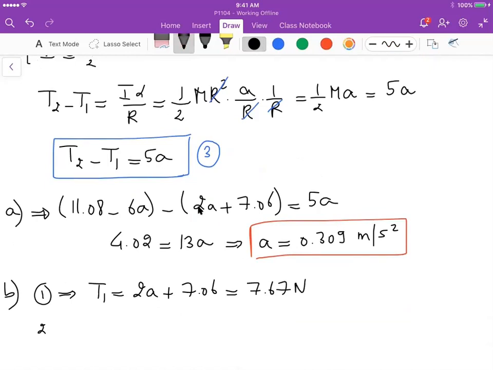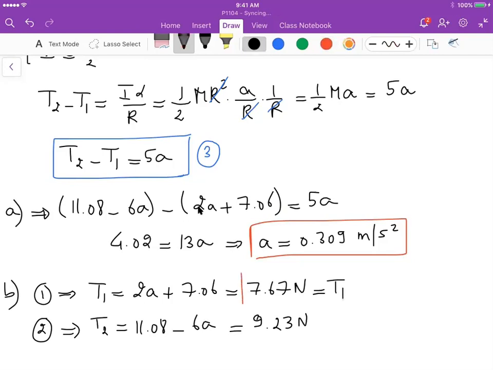And from equation number 2 we can deduce the value of T2. So we end up with T2 equals 11.08 minus 6A, which gives the value 9.23 Newton. And so this is the value of T1, and this is the value of T2.